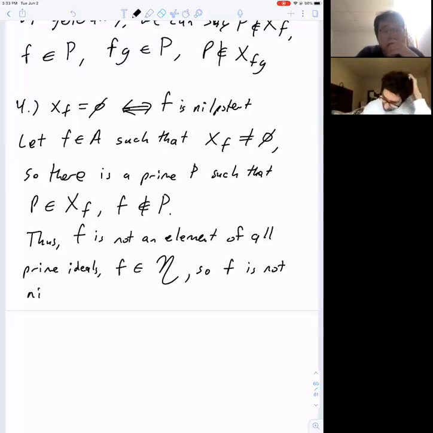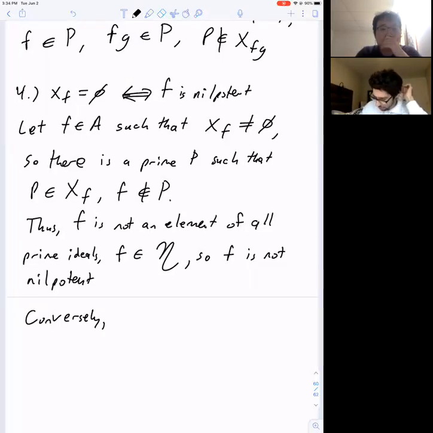Now, conversely, if X sub f is empty, then all prime ideals contain f.